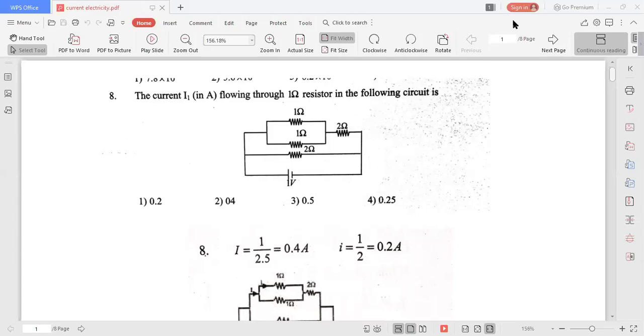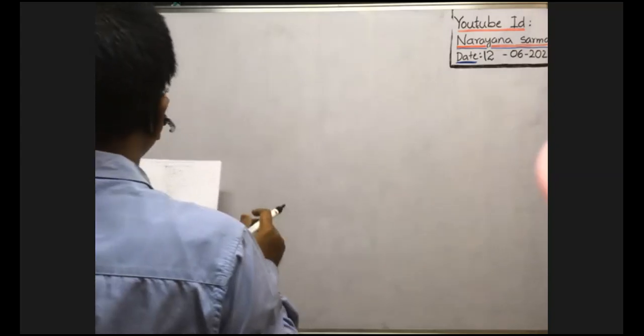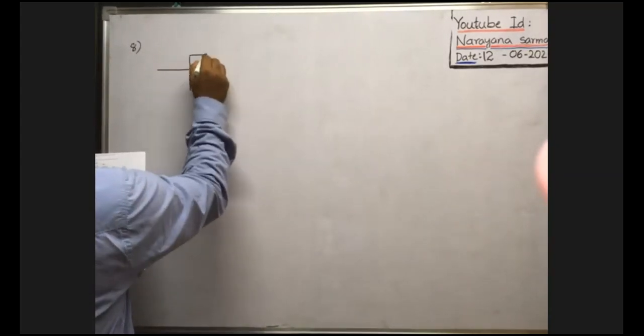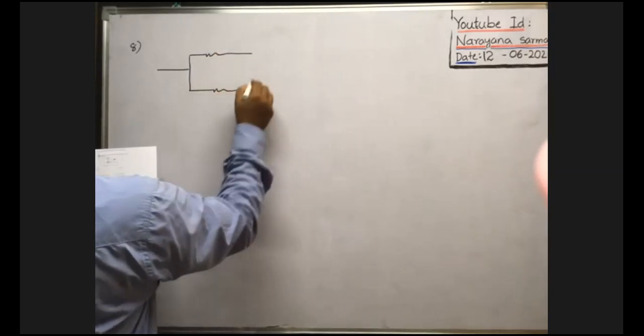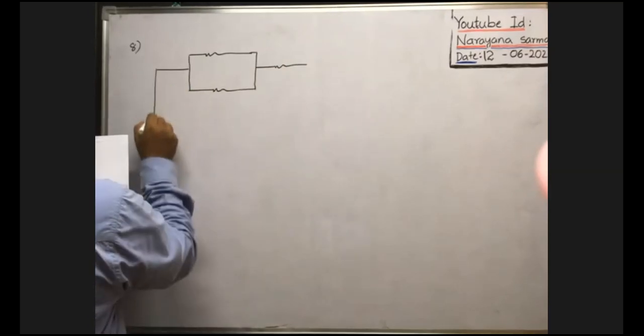Now look at the board, all of you. So 8th problem, it is 2020. In the 2020 paper it is there. So here there are different resistors connected like this.